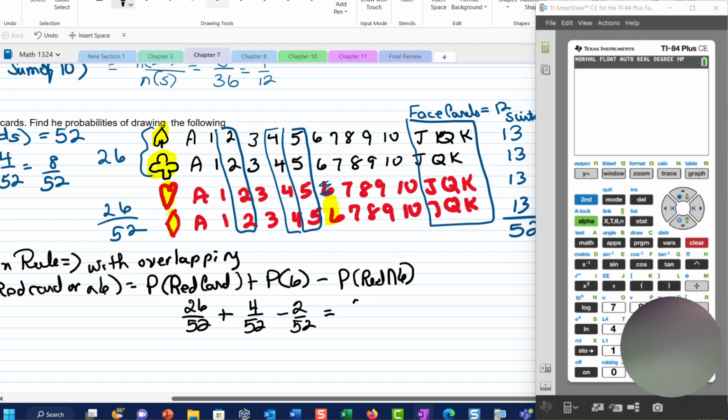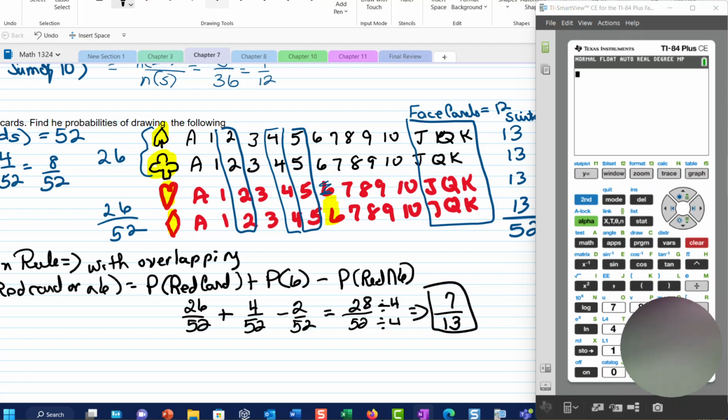And I'm going to have 28 over the 52. I'm going to divide by 4. And I'm going to get 7 times 4 is 28. 4 divides 52, what is that? 13 times. 7 out of 13 opportunity to get a red card or a 6.